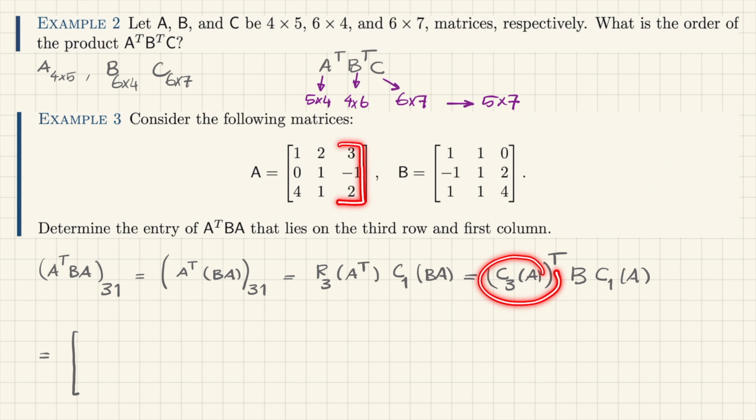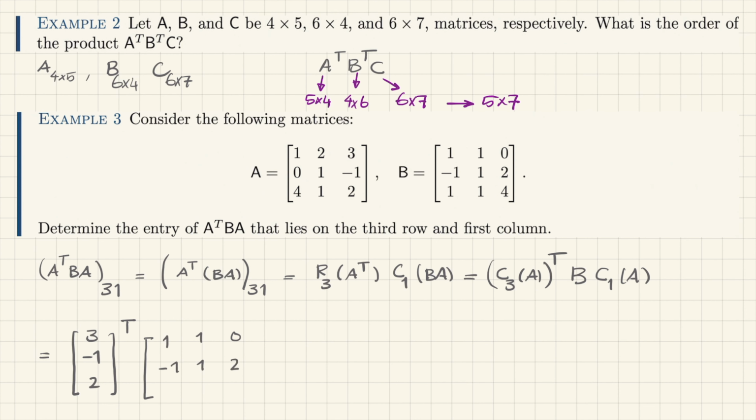This is this matrix. So it becomes 3, minus 1, and 2, and then I have a transpose on top of that. And then I have to write the matrix B in its entirety, 1, 1, 0, minus 1, 1, 2, 1, 1, and 4. And then I multiply it by the first column of A again.